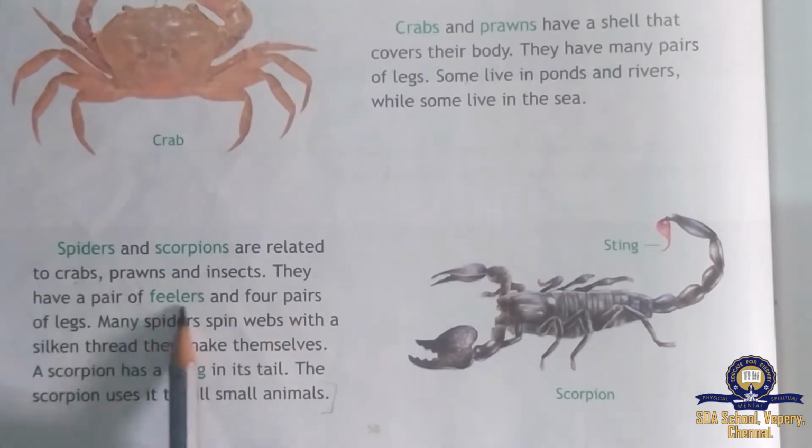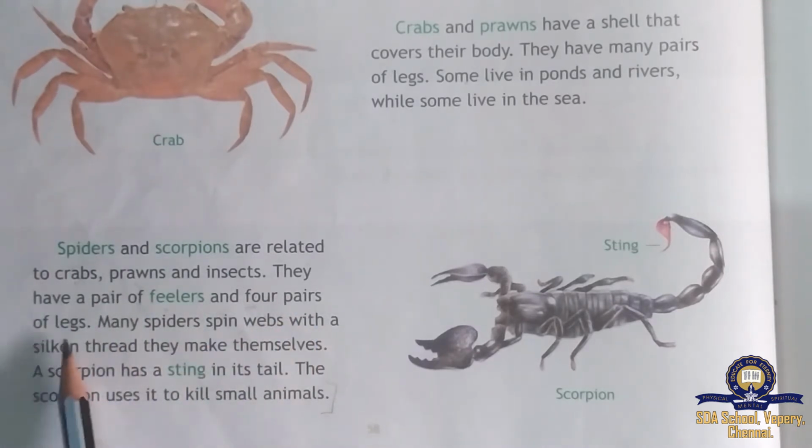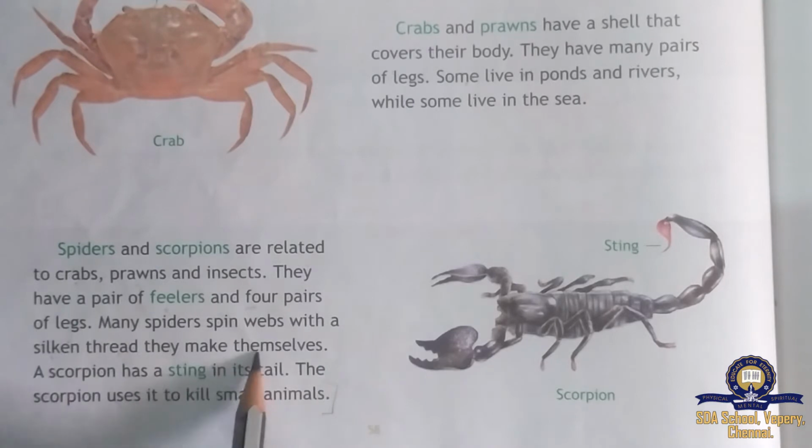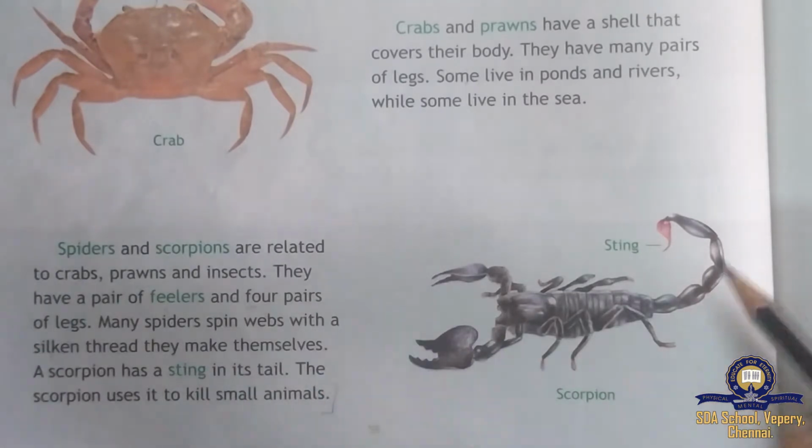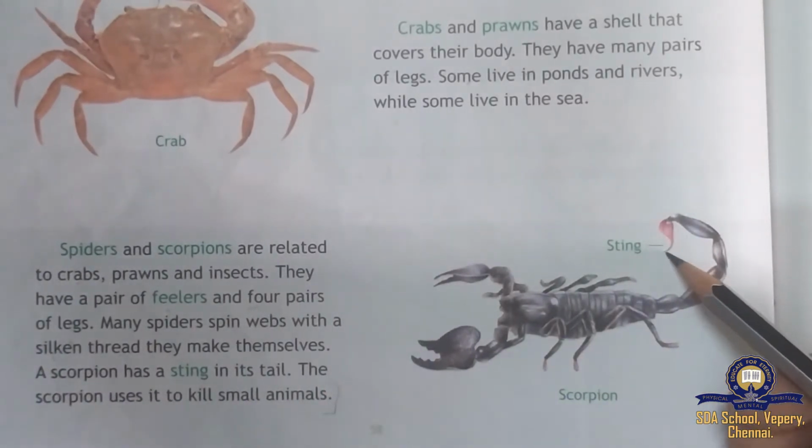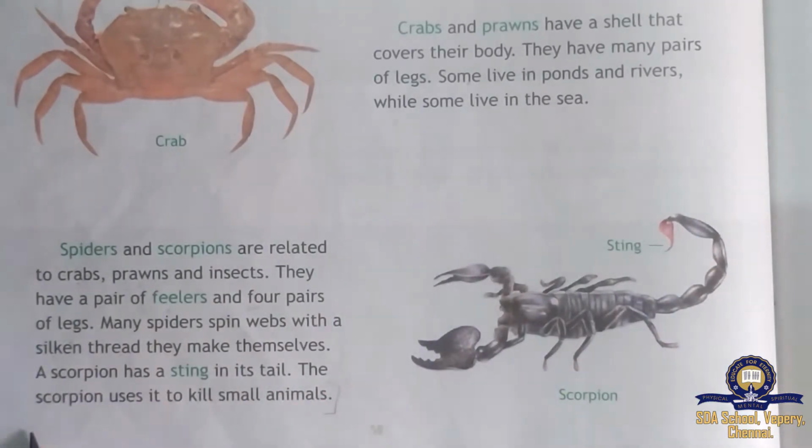A pair means 2 feelers, and 4 pairs of legs. Many spiders spin webs with a silken thread they make themselves. A scorpion has a sting, S-T-I-N-G, in its tail. You can look at the picture. This is called a sting. What is the purpose of the sting? The scorpion uses it to kill small animals.